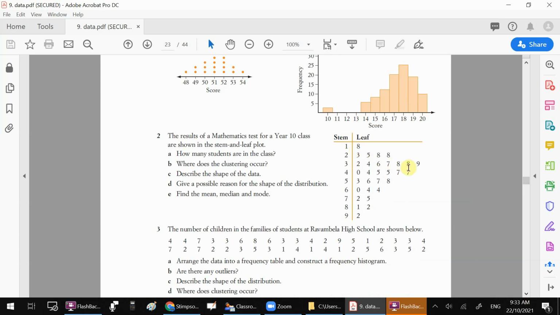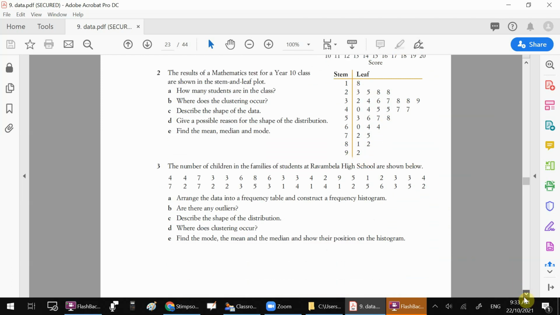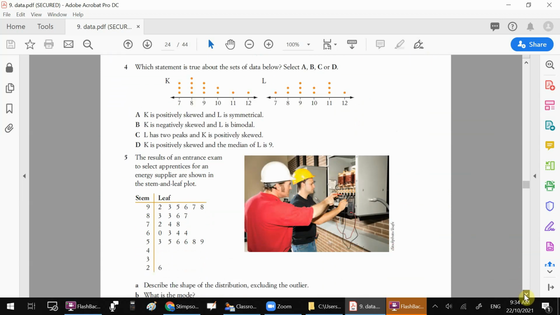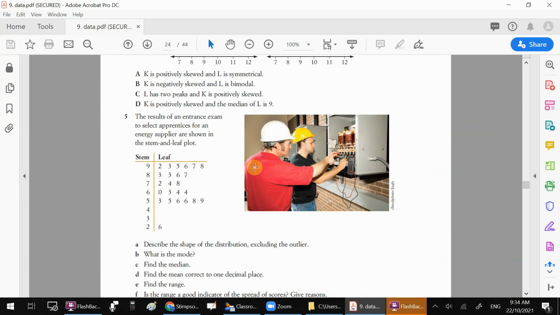We have a lower end bunch here, so that's a positive skew, and an outlier at 92. Okay. And so the rest of the question is based on knowing about the symmetrical, the skew, the bimodal, and then outliers. And then the other one term we haven't covered is clustered.